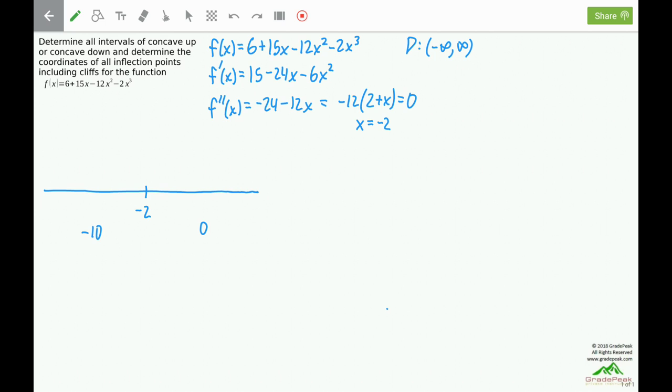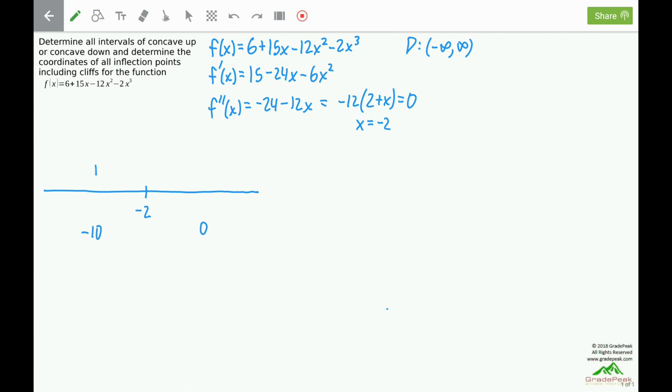We can now test the concavity in each of these intervals by plugging the test value back into the second derivative. We don't care about the value of the second derivative, just whether it is positive or negative. So the best place to plug in is the fully factored version of the second derivative. Plugging a negative 10 in there, 2 plus a negative 10 will be a negative, times a negative 12 will be a positive.